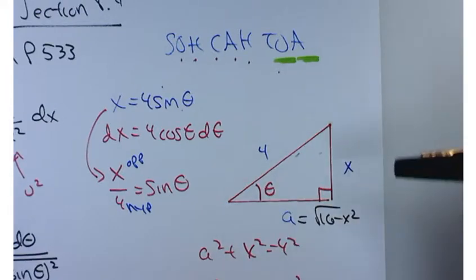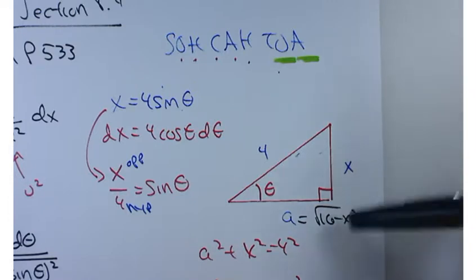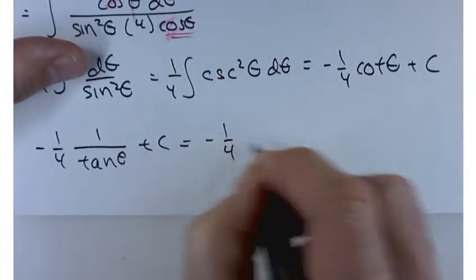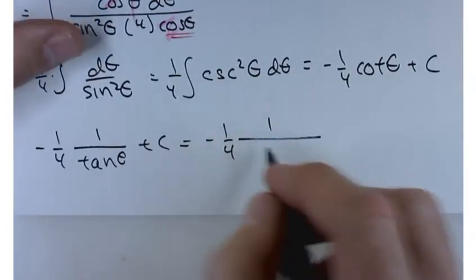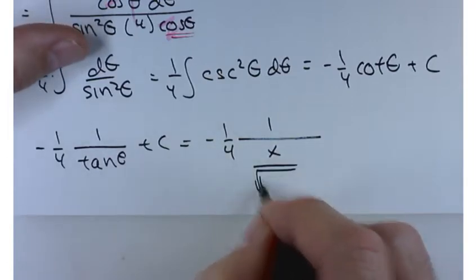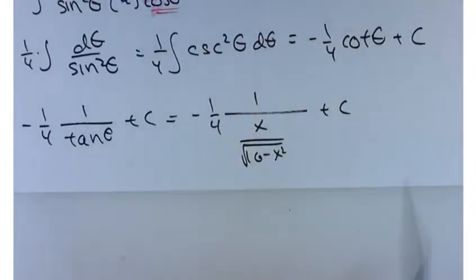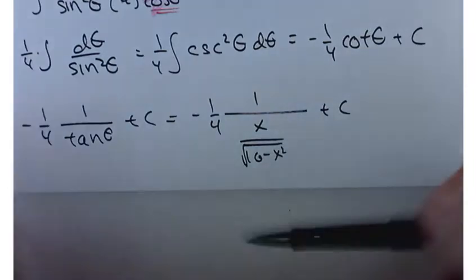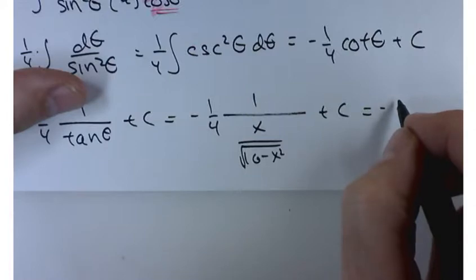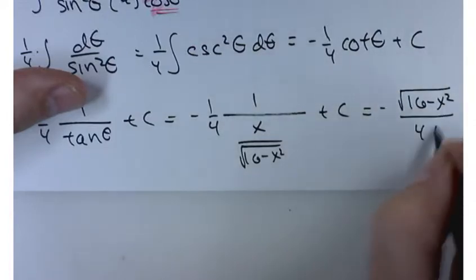All right, so x over this. So negative 1/4, 1 divided by x over the square root of 16 minus x squared. And when you divide by a fraction, it's the same thing as invert and multiply. So we get negative of the square root of 16 minus x squared over 4x plus a constant.